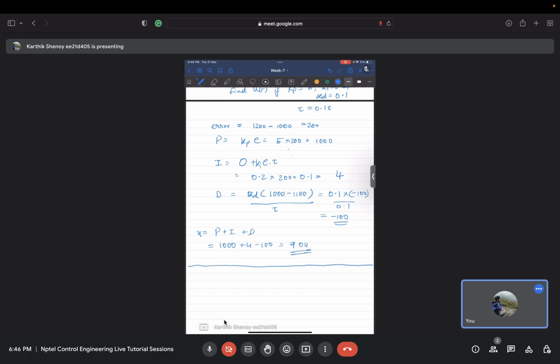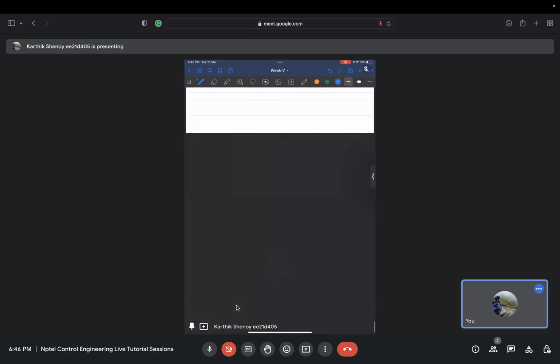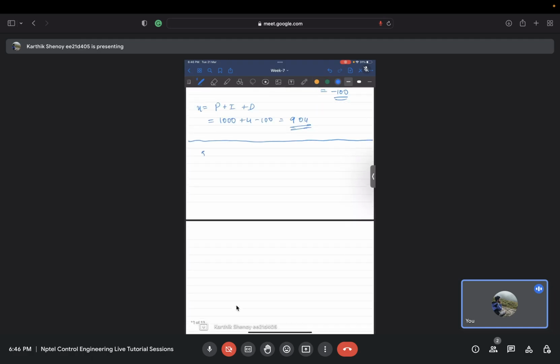Next, we will do speed control of a motor using PID.